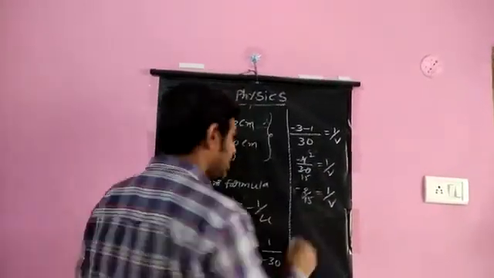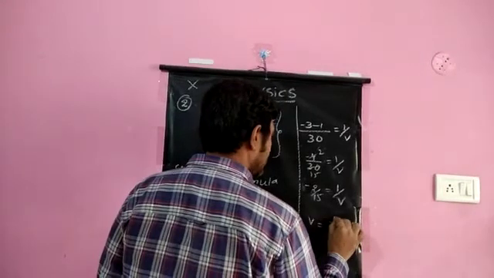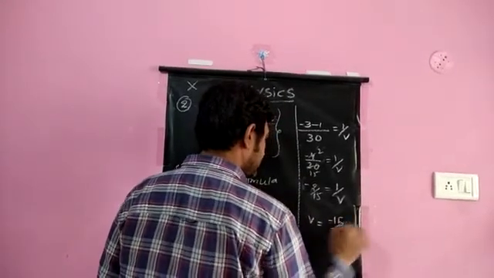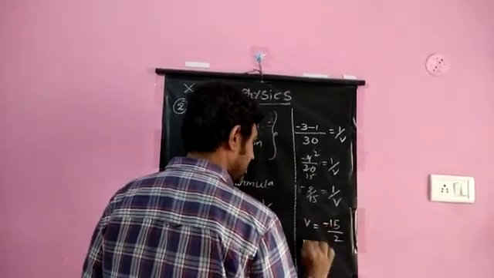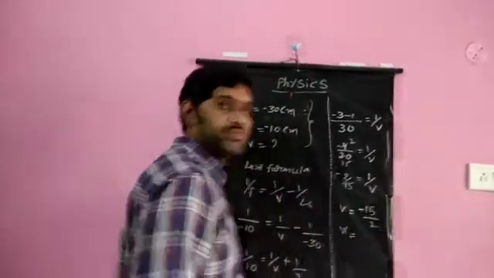Taking the reciprocal on both sides, minus 2 by 15 will become 15 by 2. The negative sign will always be there. V equals minus 15 by 2.